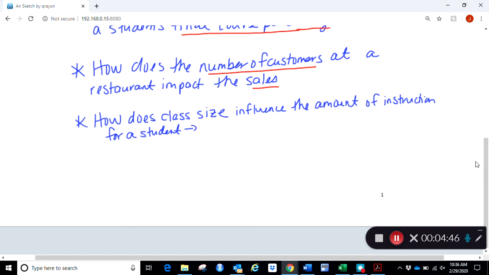And then, of course, I'm thinking more of individualized instruction time. So our two variables are there: how many students in your class, or your class size, and your individualized instruction time.